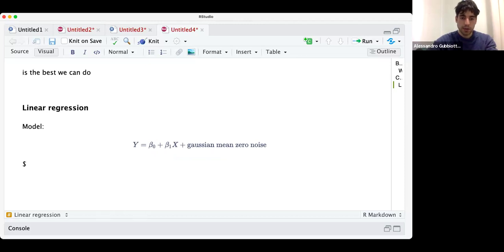Now, y can be, as usual, if you want to use linguistic data, like the number of words known, and x can be like the age or the degree of education or whatever linguistic data you want to put. Now, I need to do two things. One, why this model makes sense.